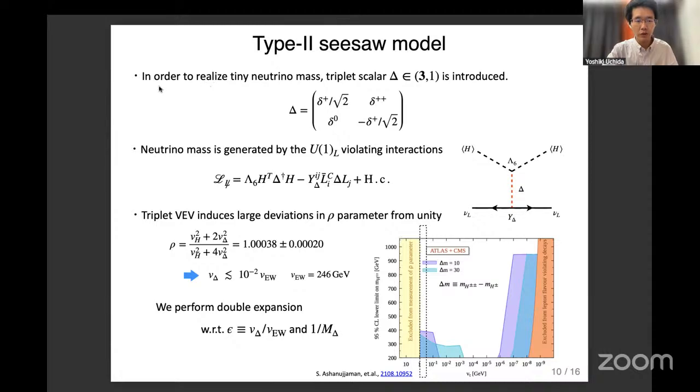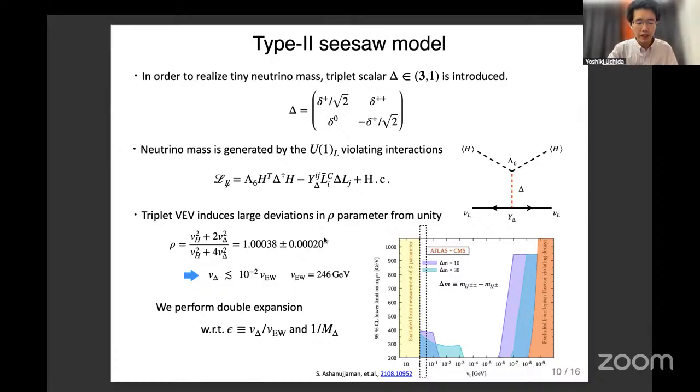In this model, in order to realize the tiny neutrino mass, we introduce a triplet scalar field delta, which is a triplet under SU(2)L. And neutrino mass is generated by the lepton number violating interactions like this.